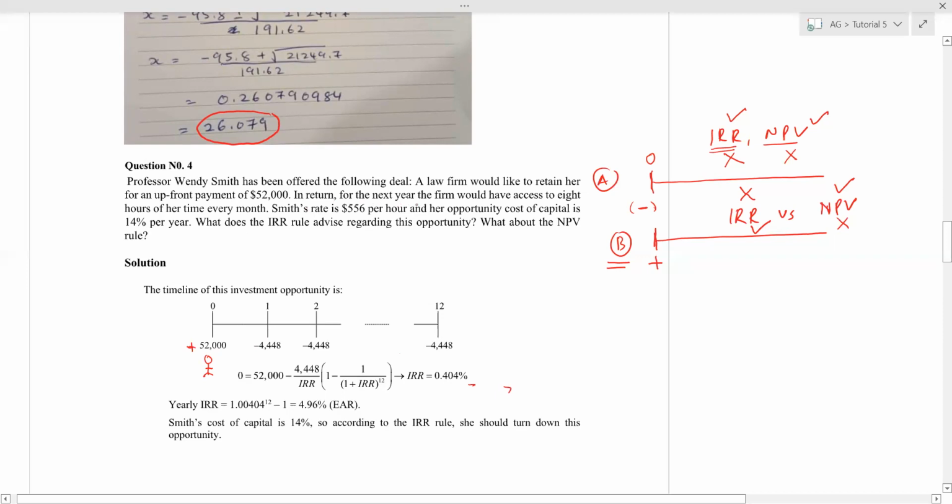In return, for the next year, meaning the next 12 months, the firm would have access to 8 hours of her time every month. Each hour the rate is 556. So every month she will be giving services equivalent to 4448.